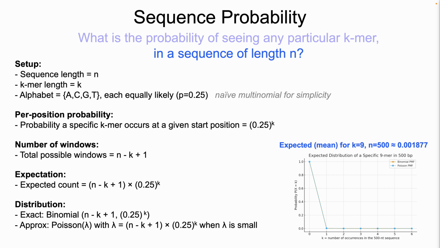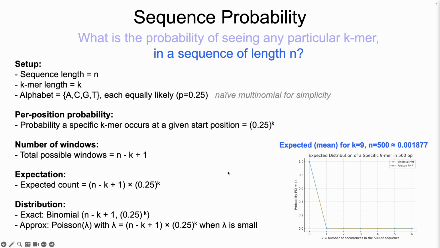If you look at the distribution down there on the right, I know it's kind of small, you'll see the probability of any particular k-mer: how many times do you expect to see it in a 500 nucleotide sequence? Well, about 0 times on average. You can barely see the tail, going out to only 6 in this case, but that's just summing up all those probabilities that you might get a specific k-mer.